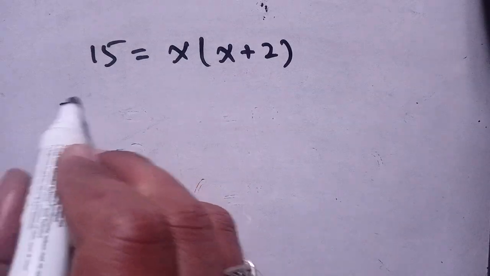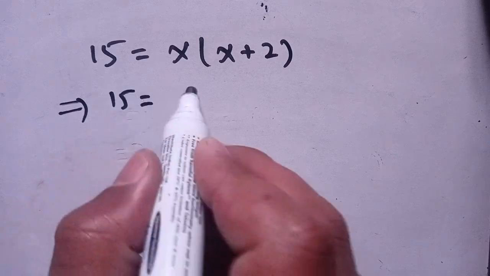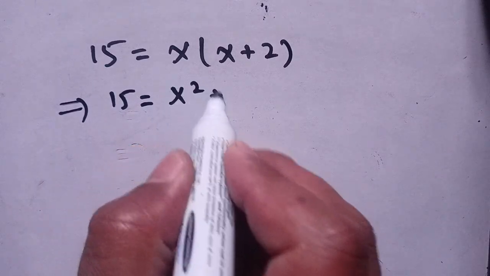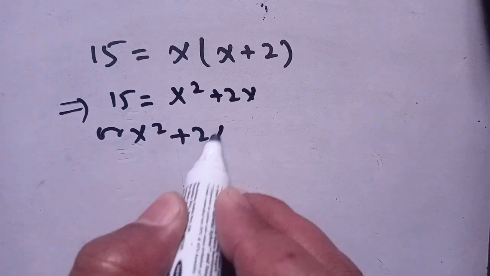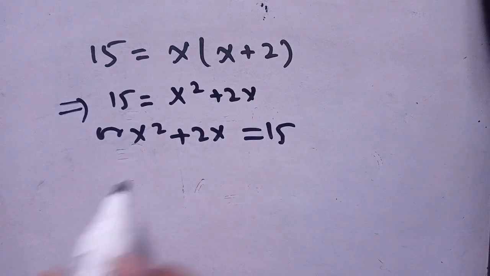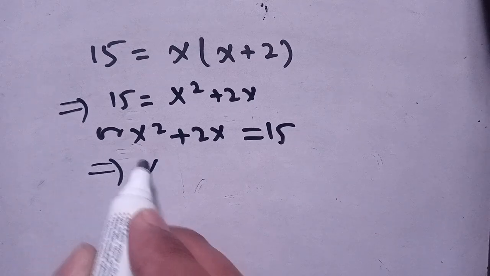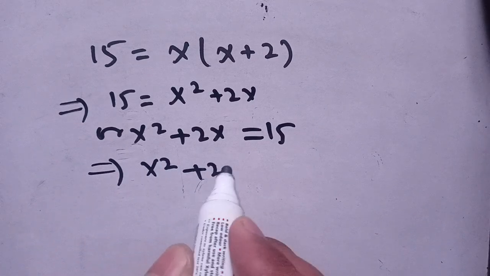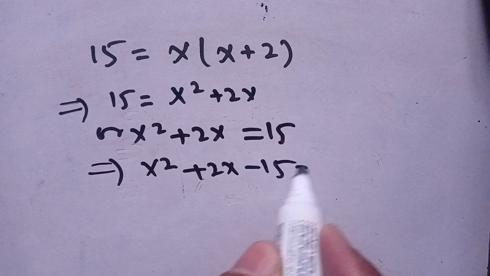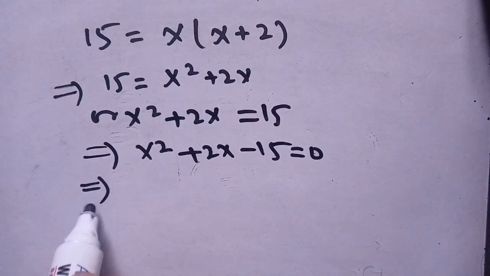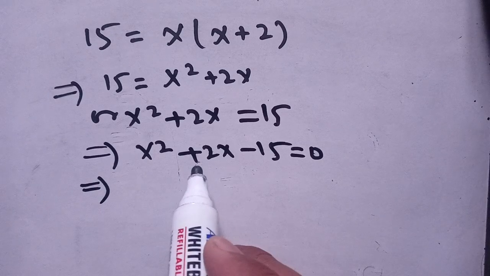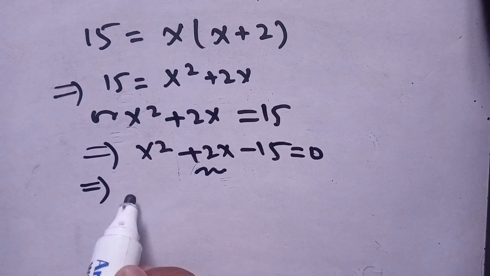We can write it as 15 is equal to x square plus 2x, or x square plus 2x minus 15 is equal to 0. Now, it is a quadratic equation. We use either the quadratic formula or we can break down its middle term.